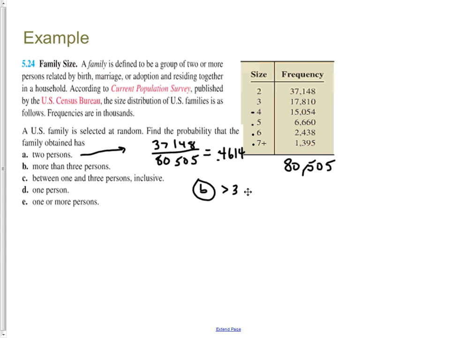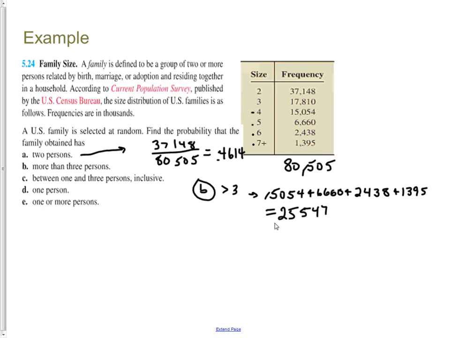So what we would do there is add up all the possible ways that we get families of greater than 3 in them. So we would add up our last 3 right here: 15,054 plus 6,660 plus all these other numbers, which in this case is going to be 25,547.